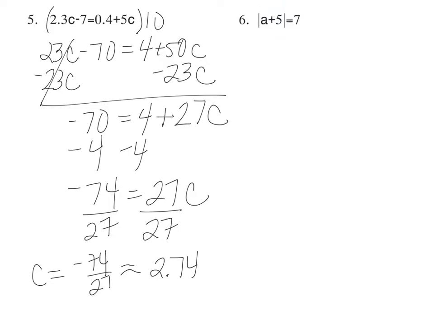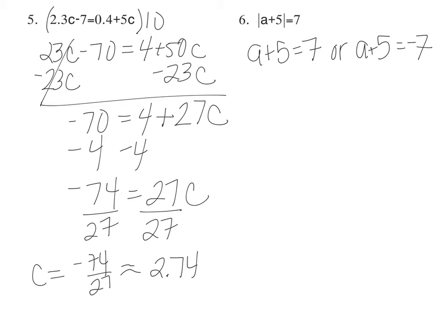And if we look at our equation, it says the absolute value of a plus 5 will equal 7. And that means that a plus 5 can equal positive 7, or a plus 5 equals negative 7.